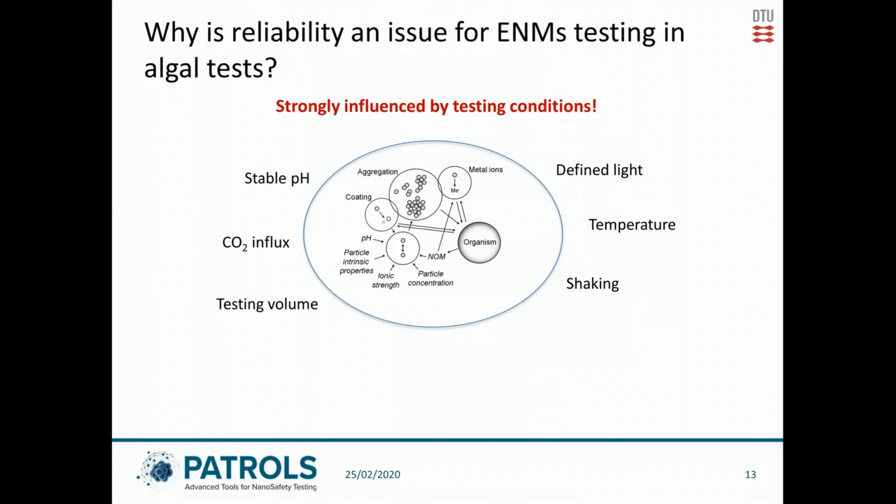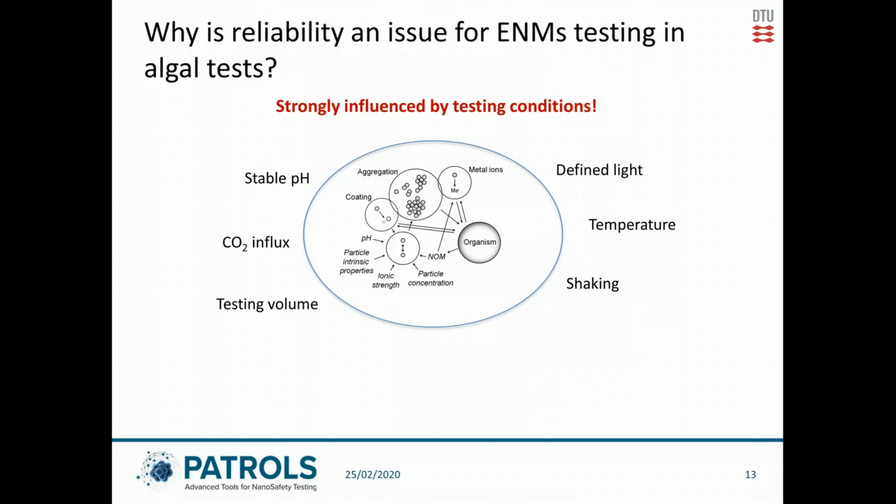We can get problems with shading, for example, in nanomaterial testing. We also need some shaking or other way to keep the algae in suspension, and probably also to keep the nanoparticles in suspension. Finally, there's a very practical issue about testing volume. If you want defined light and good, uniform temperature, it's not a good idea to make too large flasks.